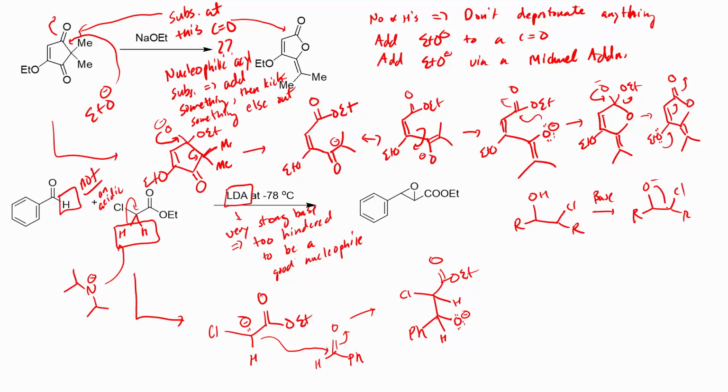So once we get here, we actually have this reaction in place. This alkoxide cannot help but do a very rapid intramolecular SN2, and that gives us our final product.